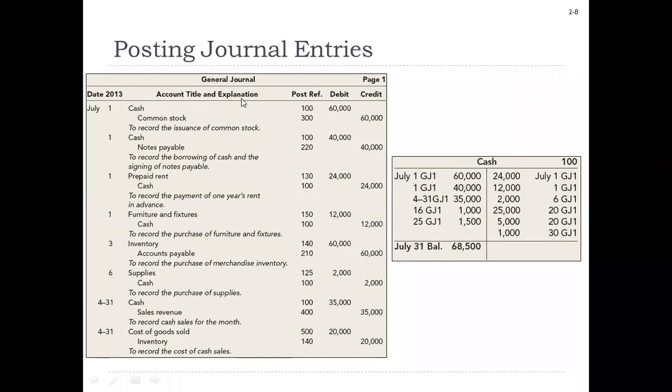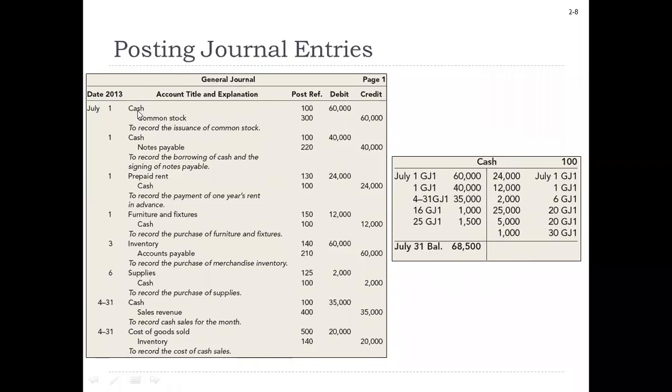So here's the general journal with all of the transactions in chronological order. Here's a page from the general ledger. This is the cash account. So basically it's taking all of the cash transactions from the general journal and transferring, or posting, those to the general ledger.